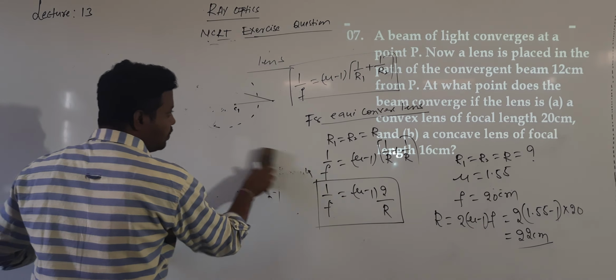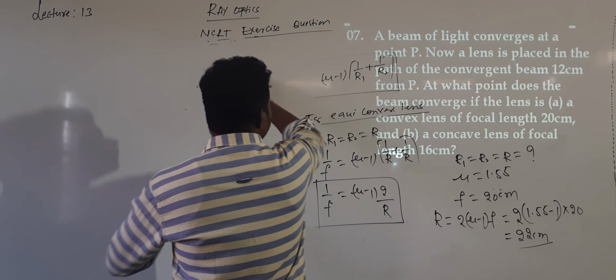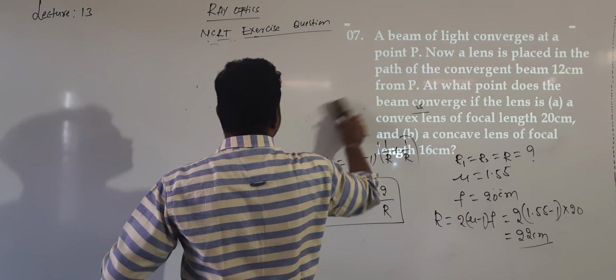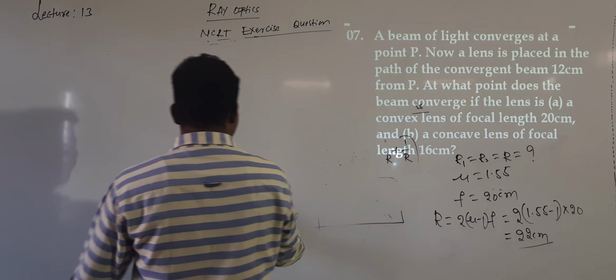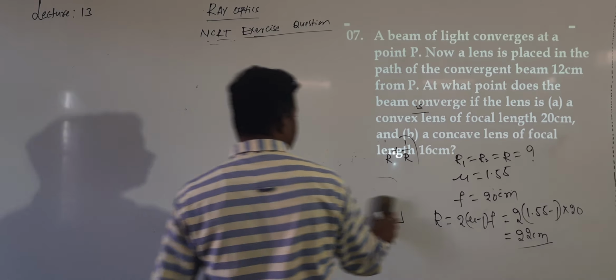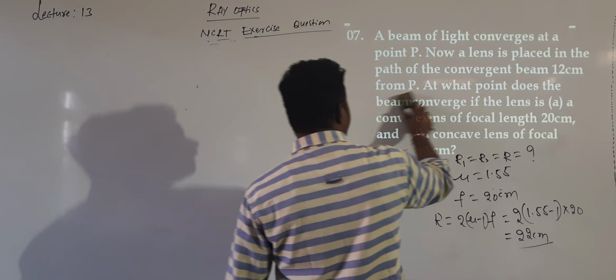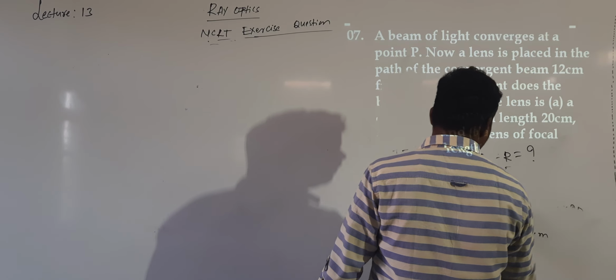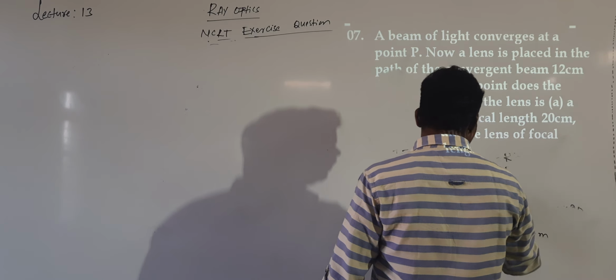What is question number 7? A convergent beam of light is there.